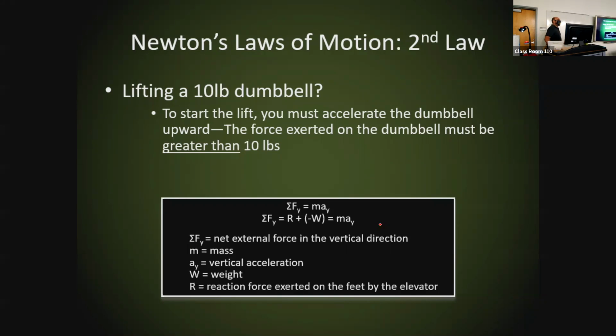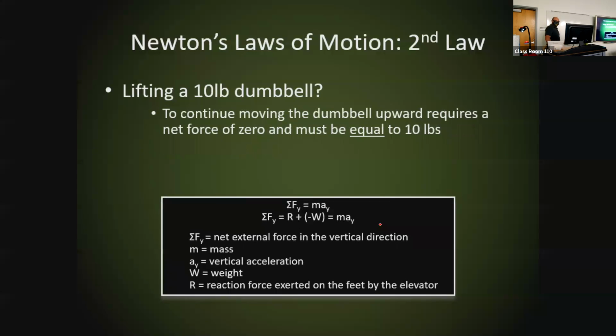Kind of goes back to law number 1. Basically, equal to keep it moving at a constant velocity. We're not accelerating, we're not decelerating, we're just keeping it at the same speed and velocity.